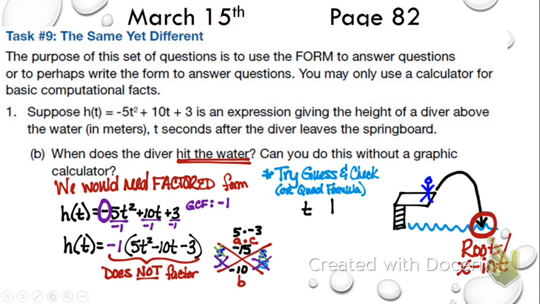So t here, h here. Do we already know how high he's going to be at time 0? 3 meters. Because we said that was our initial height, right? What else should I try if I'm doing a guess and check for when he's going to hit the water?